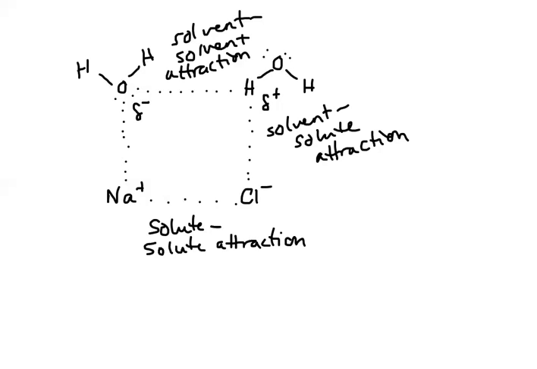And we have this solubility chart, right? And some things are soluble and some things are insoluble. And the only way that something can be soluble in water is if the solvent solute attraction is the strongest of these three attractions, right? Because if this isn't strong enough to break up this or this, it's not going to dissolve.